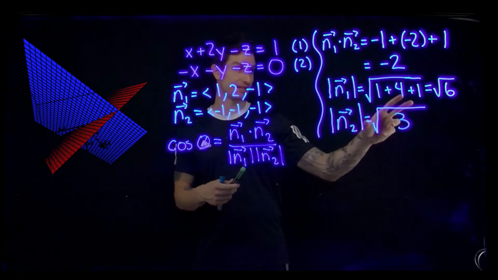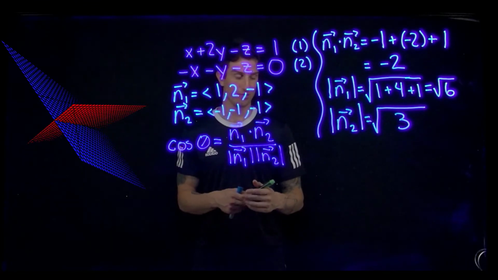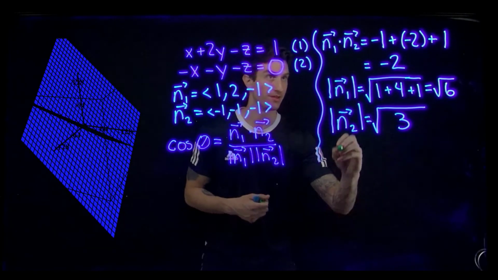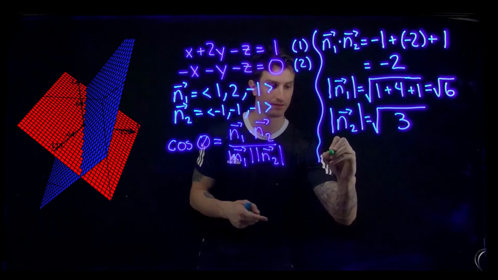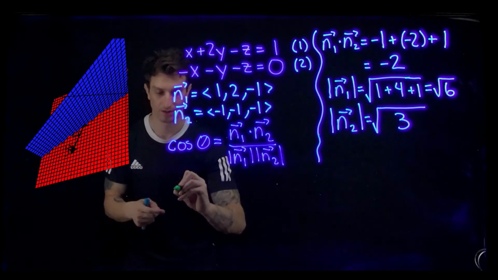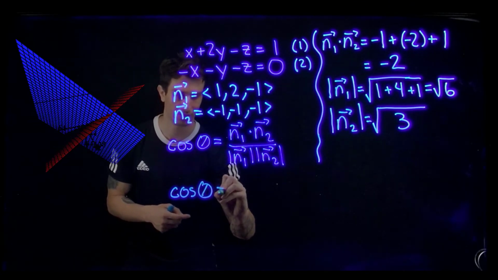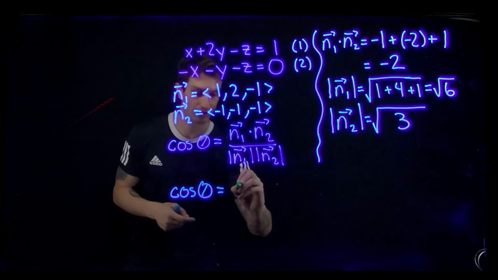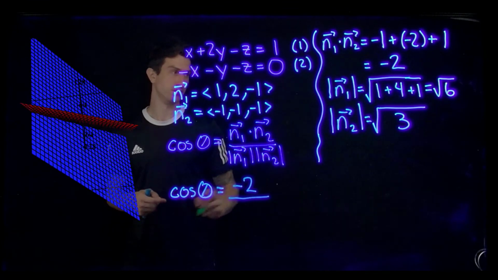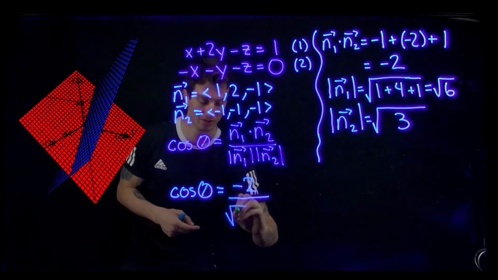Okay, now this does end up simplifying. So what do we end up having? Let's write it out here, right next to our cosine. We have cosine of theta is going to be equal to n1 dot n2, -2, over the magnitude of root 6, times the magnitude of root 3. I'm going to rewrite it as such.